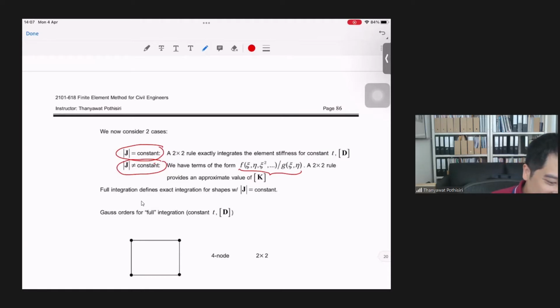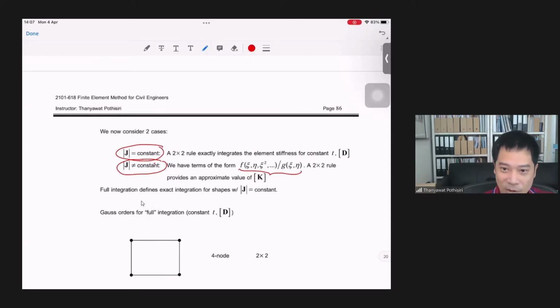And again, when do we have J being constant? The determinant of the Jacobian matrix would be constant over our element if the shape of your element is either a rectangle, right, or a parallelogram.